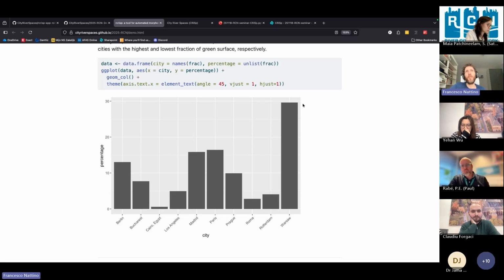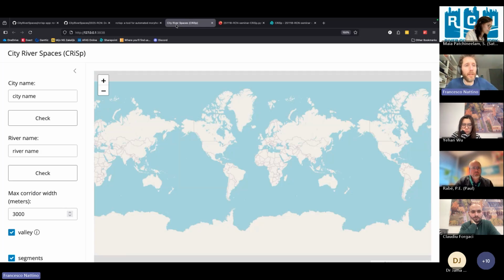So we also decided to build a web app that would run the most basic functionalities of Rcrisp without having to write any code. This web app is also publicly available. I will share the link to this later in the chat.